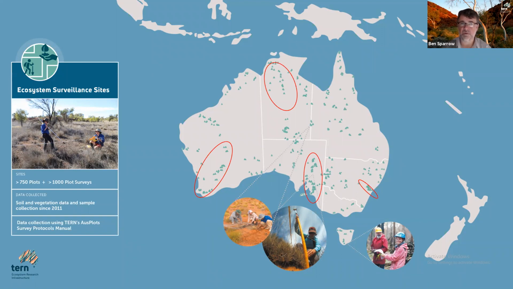And so making sure we've got plots in the right orientation there to cover off on those issues is important. And the one in New South Wales is largely an altitudinal transect. So that's also informative on issues like climate change, but in an altitudinal sense rather than a spatial sense.